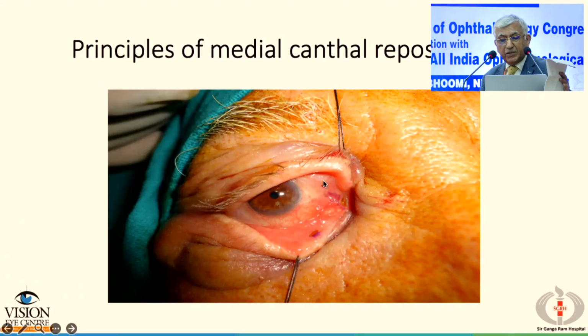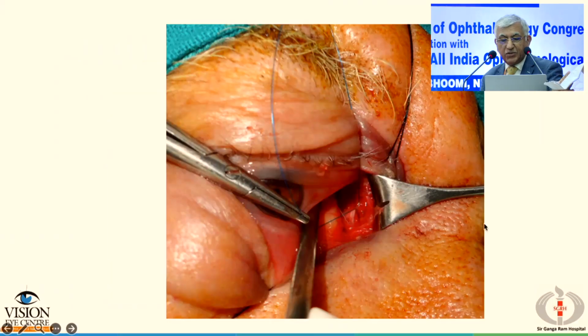So, the principle of medial canthal repositioning is restoration of the medial canthus behind the sac at the posterior lacrimal crest. So, you have to identify the region behind the sac, put a suture through that, and use that permanent suture with periosteal bites or through whatever means that are required to anchor it to the medial canthal tendon.